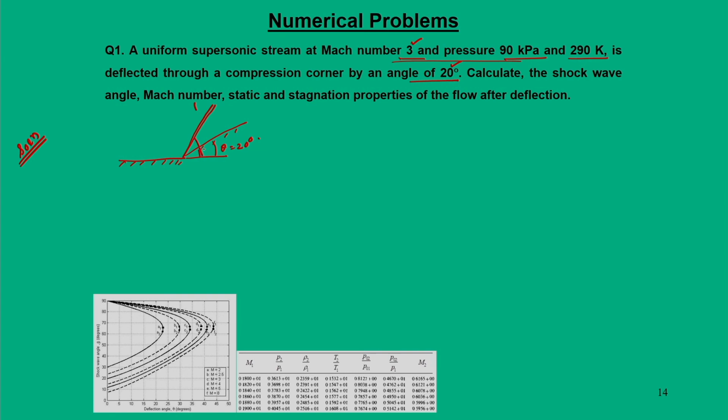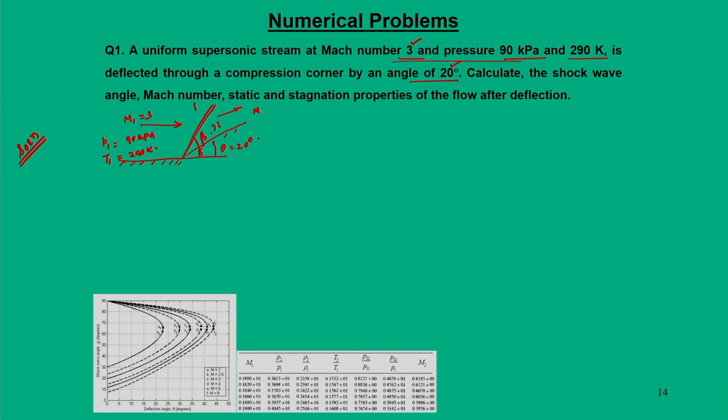This angle we call beta, which we do not know. What happens to the streamlines? The upstream streamline is at Mach 3, M1 is 3, pressure is 90 kPa, temperature is 290 Kelvin. After this oblique shock the flow turns.